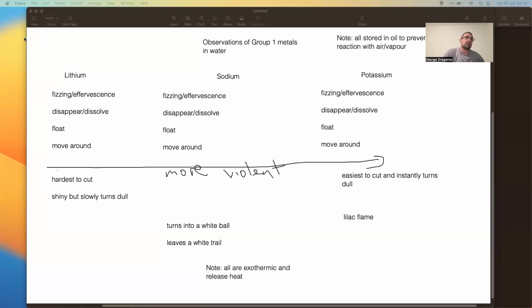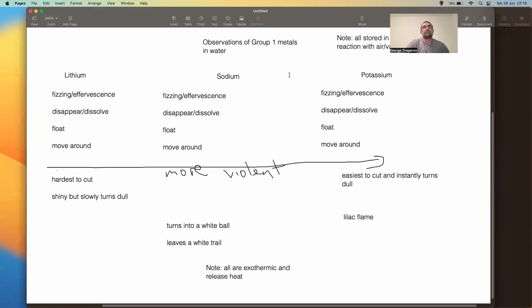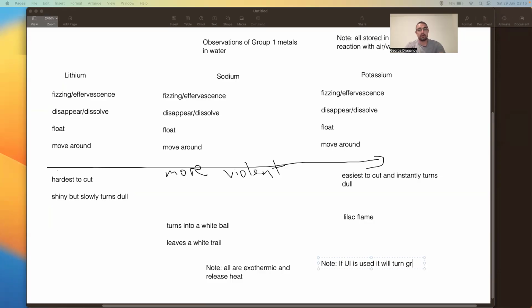So some of the safety precautions taken would be, well, one more note here. Note, if universal indicator is used, it will turn from being green in water to purple due to the hydroxide ions.